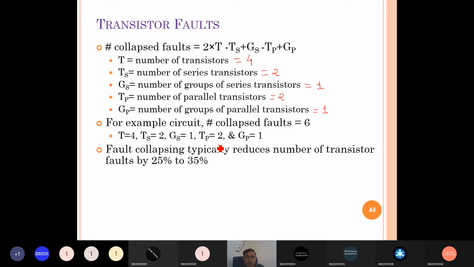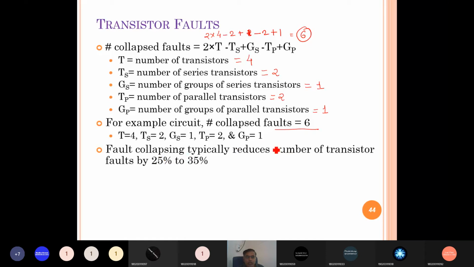From this, we can calculate the collapsed fault list: 2 multiplied by 4, minus 2, plus 1, minus 2, plus 1, so the total is equal to 6. So after removing the redundant faults, the collapsed transistor fault list of the 2 input CMOS logic circuit is 6, right?